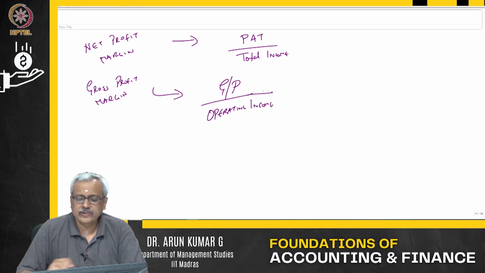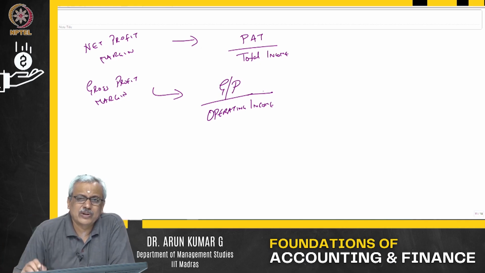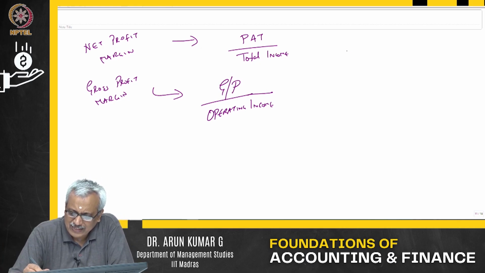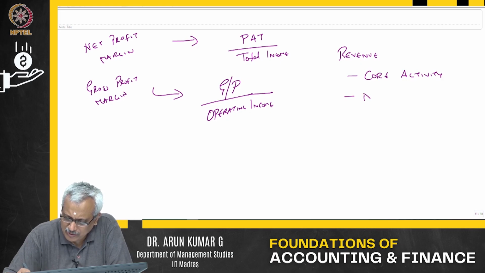Now what is the difference between these two? If you look at an annual report, a P&L statement, for example, every organization will have revenue from core activity and revenue from non-core activity.